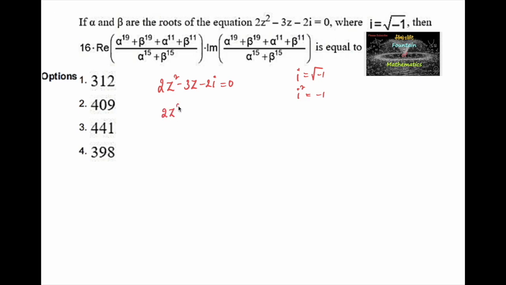So we can write it as 2z square minus 2i is equal to 3z, or dividing with 2z, so that we can write z minus i by z, which is equal to 3 by 2.